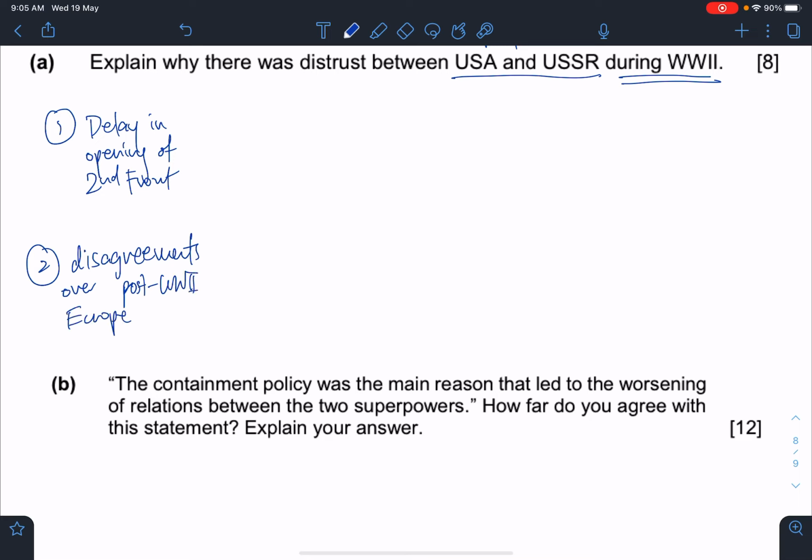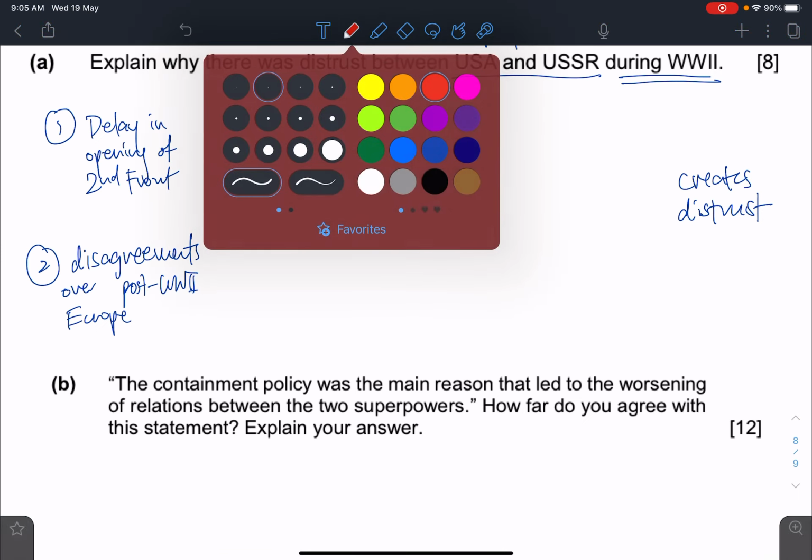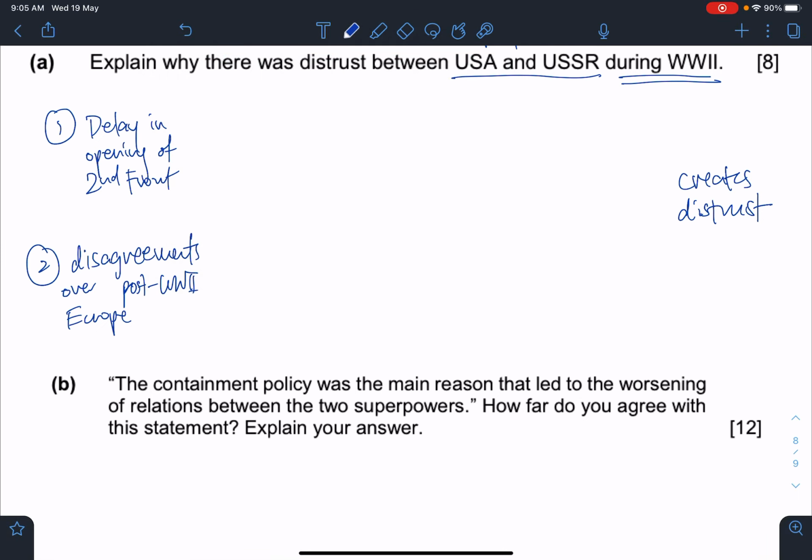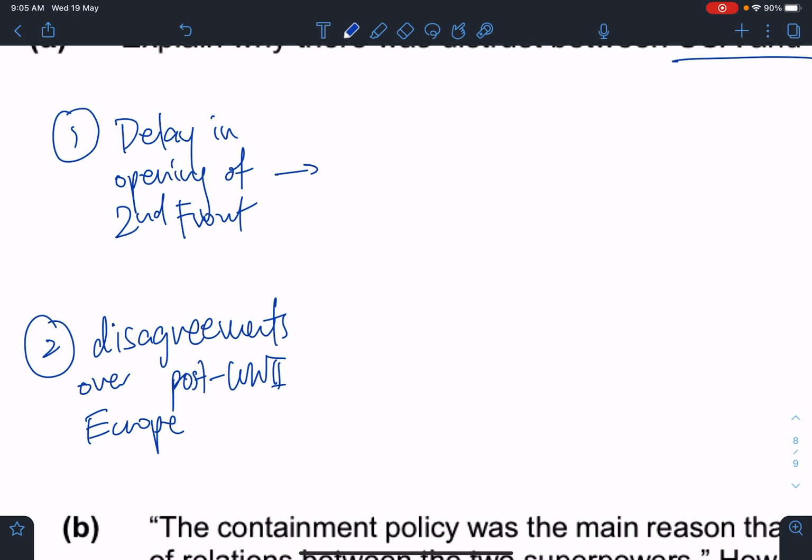These are the big events. Now, how does it create? Of course, the end point is it creates distrust, right? So I must have a cause and effect. The first thing I must do is to describe. You must tell me what is important first, right? The details.